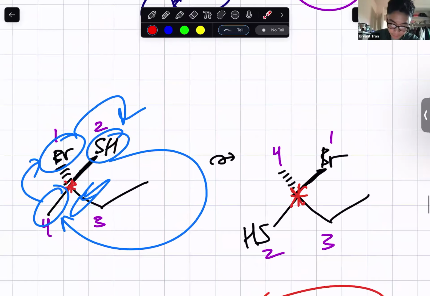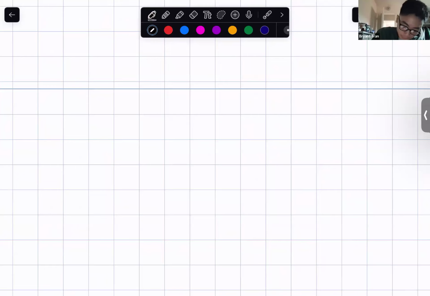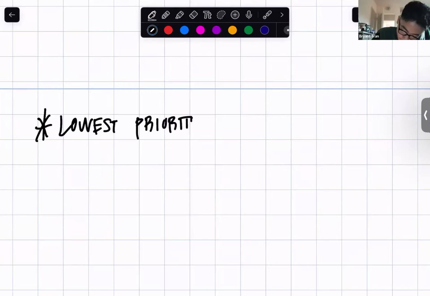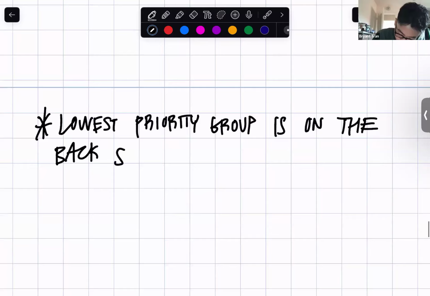So the most important thing here for R and S configuration is that you have to make sure that your lowest priority group, in terms of atomic number, so you look at the periodic table for that, is on the back side, AKA the dash, which looks like this.